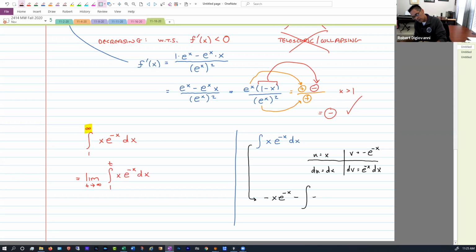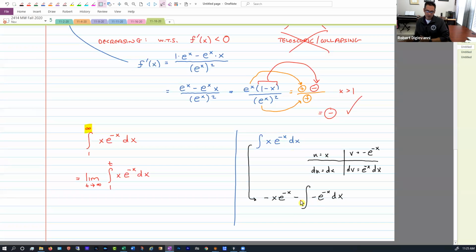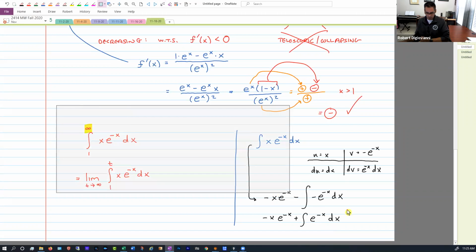No. Okay. So there's the ultraviolet minus voodoo. And I've got a minus minus, so I'm going to just make that a plus. And now I need that antiderivative, and I'm out of room.